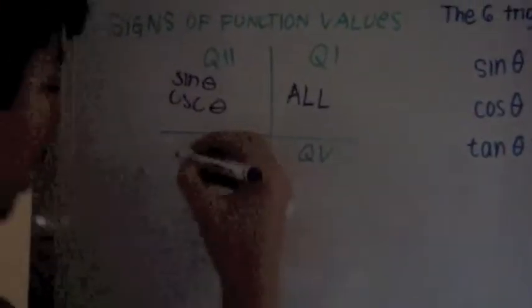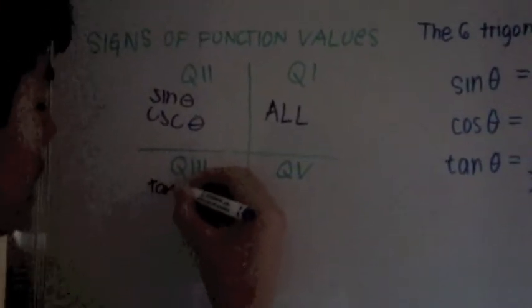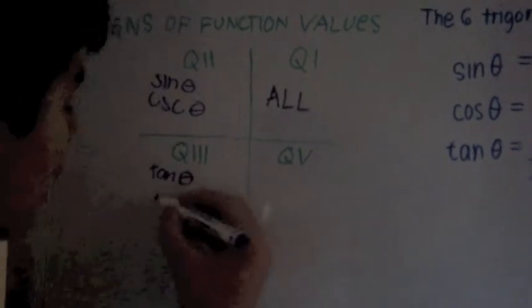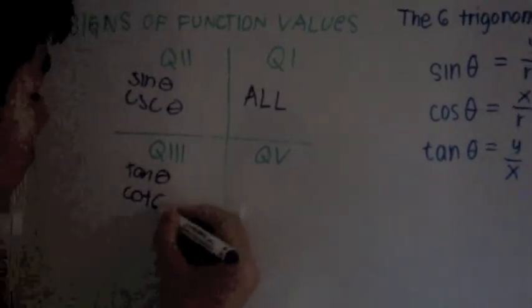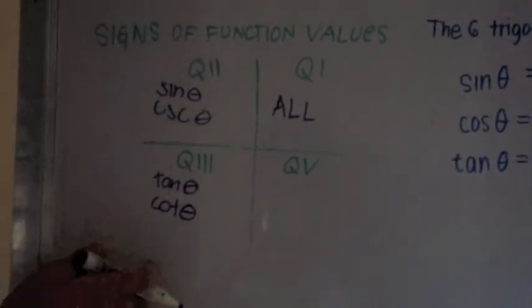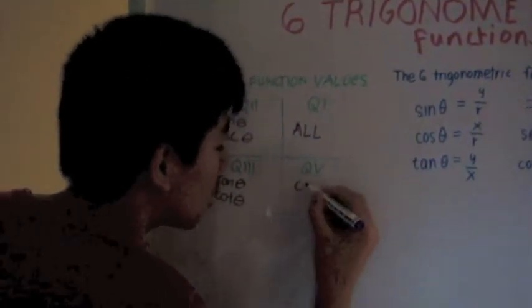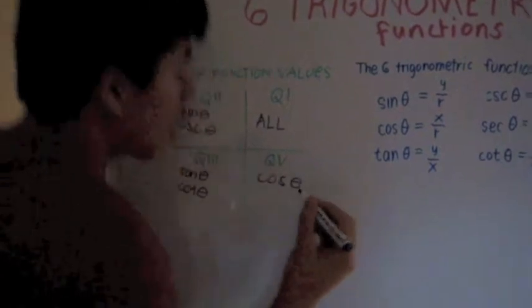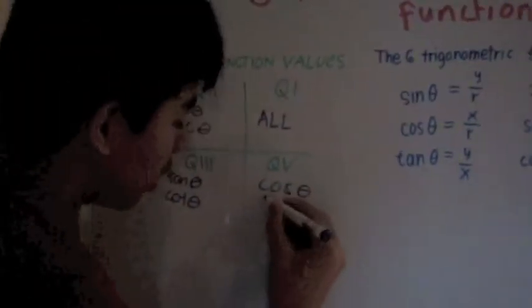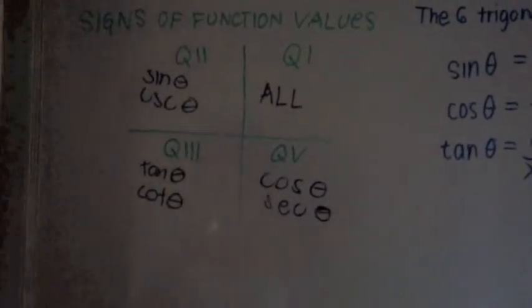Quadrant 3, tangent theta and cotangent theta are positive. And finally, in quadrant 4, cosine theta and secant theta are positive.